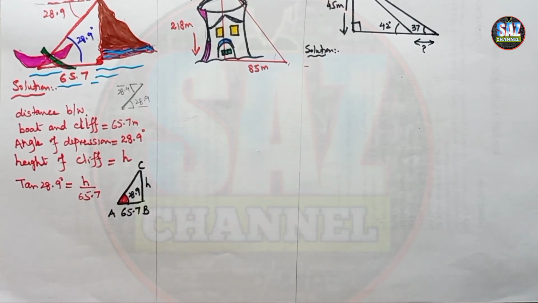Now what we have to do is check the value of tangent 28.9 degrees. Let me confirm this. Tangent 28.9 is equal to 0.5520.